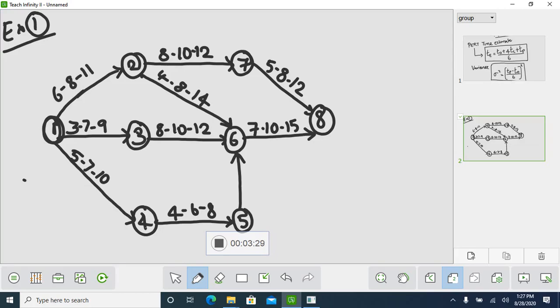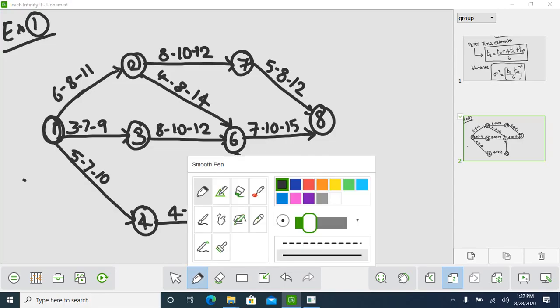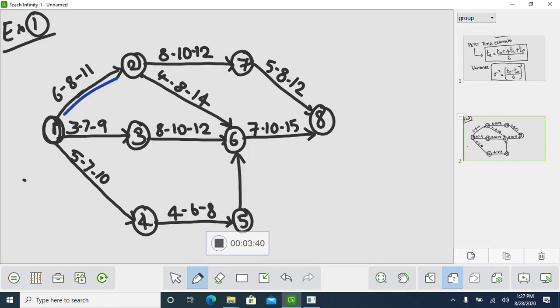The arrow mark indicates the activity, and this node indicates your event. Here we have 6, 8 and 11. So what is 6? 6 is your optimistic time, 8 is your most likely time and 11 is your pessimistic time.